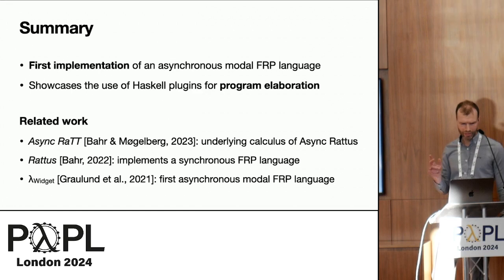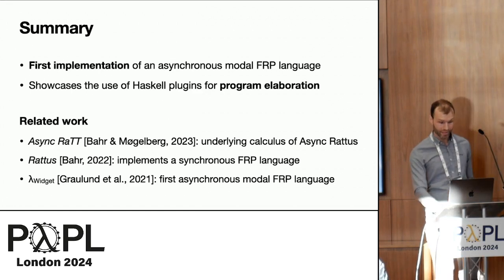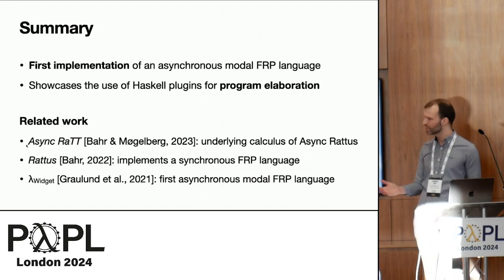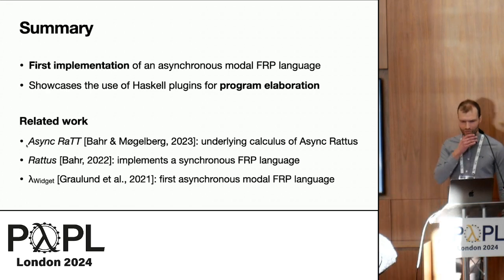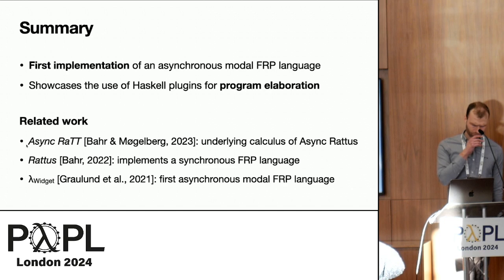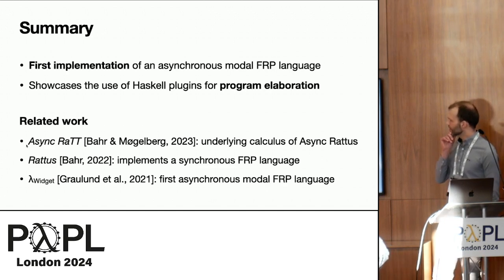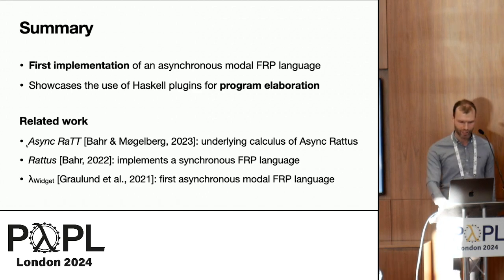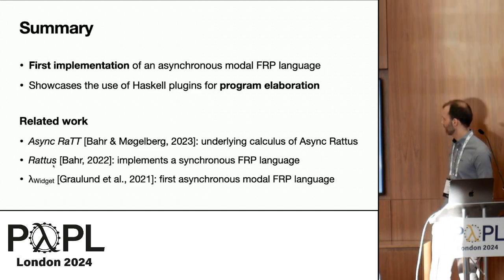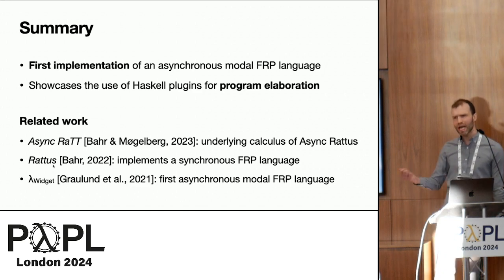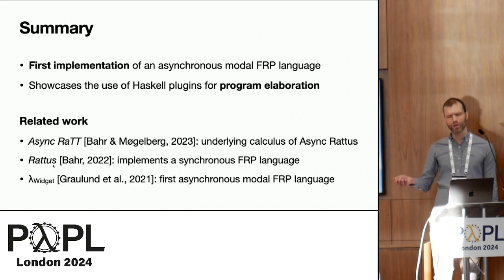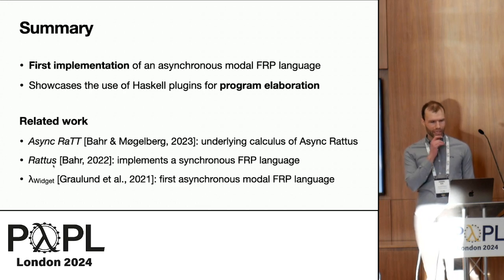The underlying calculus on which this work is based is the Async Rat language. So if you're more interested in the language part of this, have a look at that. Secondly, it uses a lot of the implementation techniques of this Rattus language, but this is a synchronous language. So what we added here is all the program elaboration. That's new in Async Rattus.